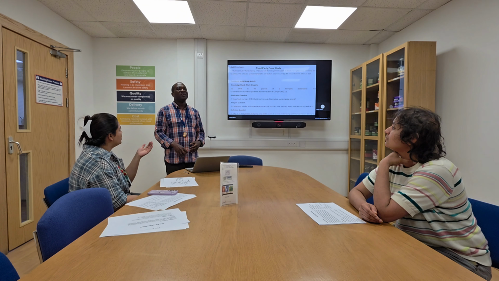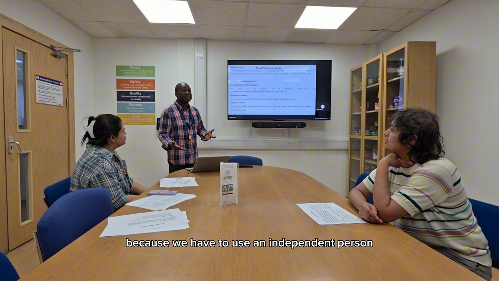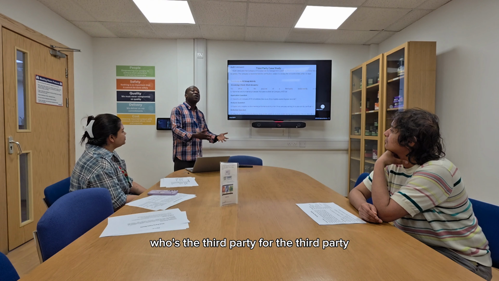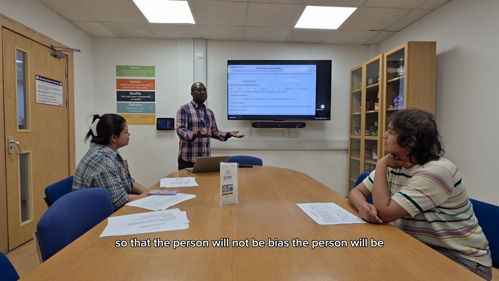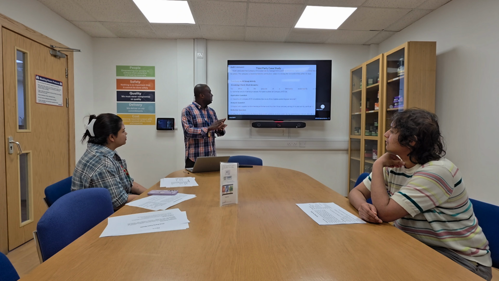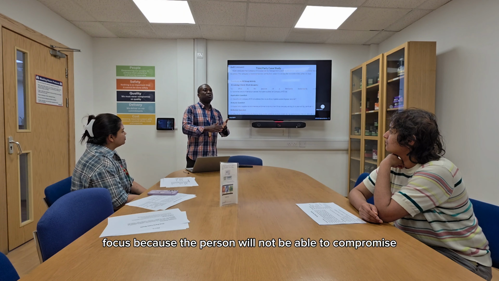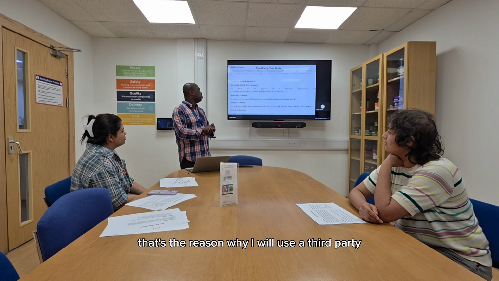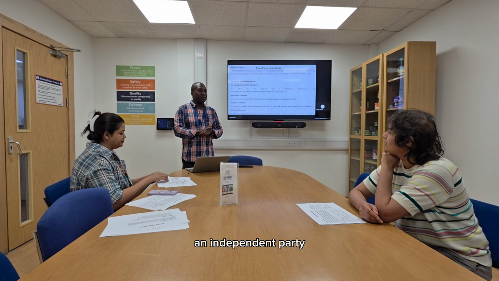So we have to use an independent person, a third-party body, so that the person will not be biased. The person will be focused, because the person will not be able to compromise. That's the reason why we use a third party, an independent party.